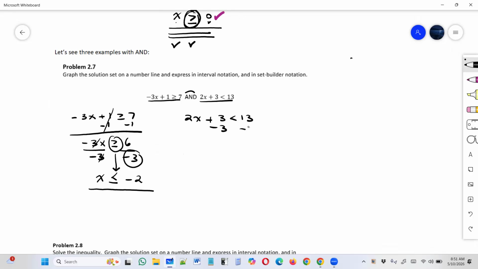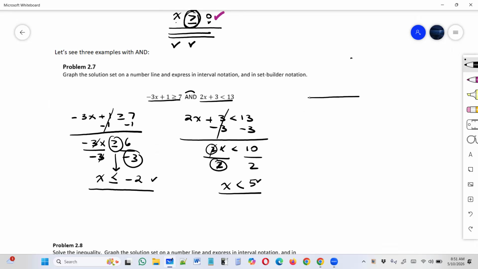Same as before, right? Subtract 3, 10, divide everything by 2. And because we're dividing by 2, the inequality does not change. Doesn't change because we are dividing by a positive number. So I got the two solutions.